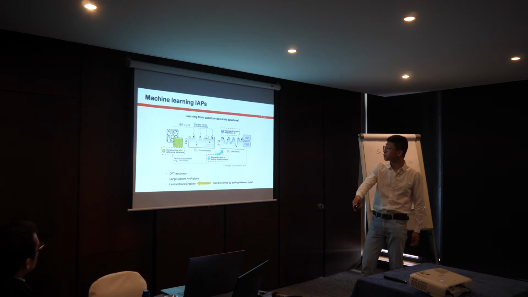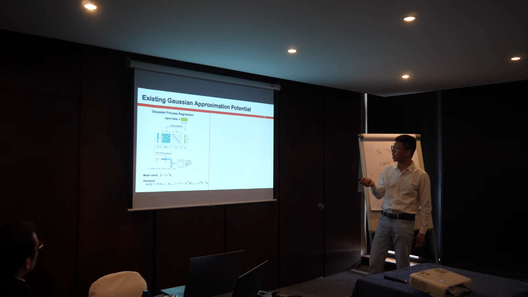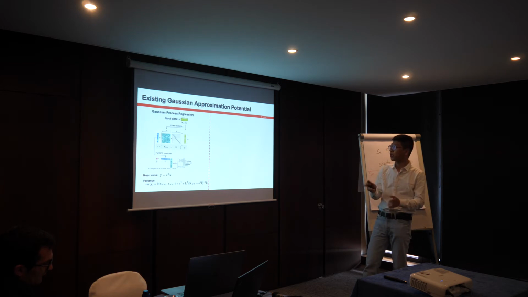Here we adopted the Gaussian approximation potential framework developed by Gábor, and in this Gaussian process regression, X is the atomic environment and Y is the energy. One can compute the covariance between these X, the local atomic environments, to compare their similarity, and then get the prediction for new atomic environments.